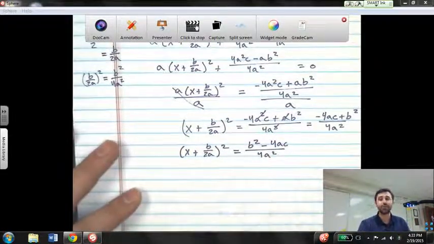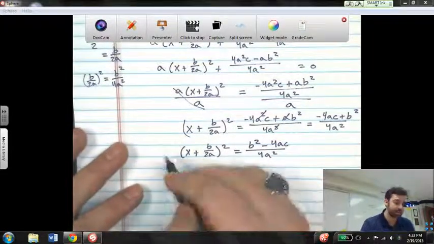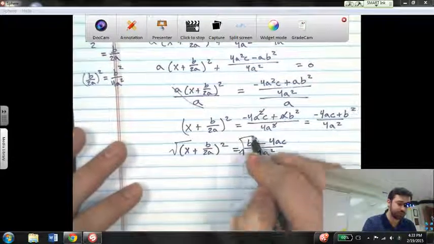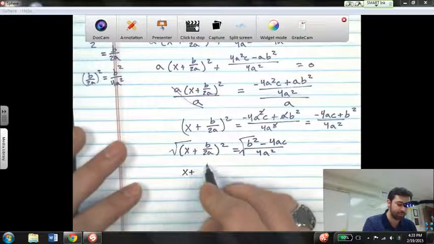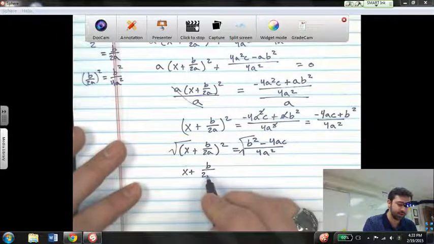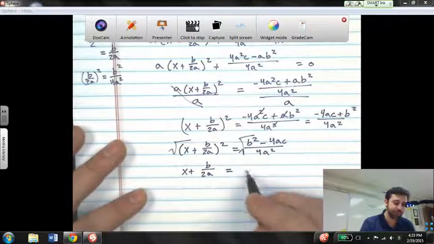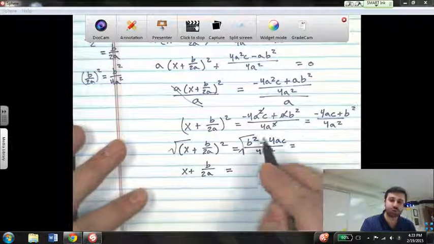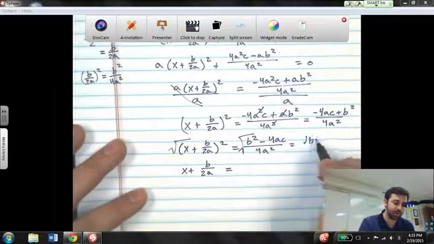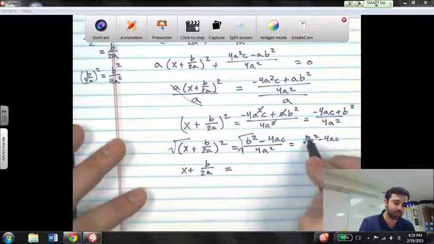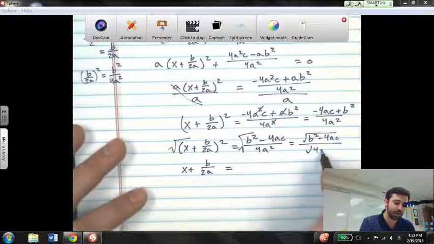So once again, I'm trying to solve for x. My next step here is to square root both sides, leaving me with just x plus b divided by 2a. When I square root this fraction, it is like I'm taking the square root of both the numerator and the denominator.